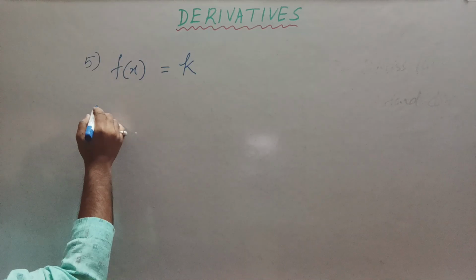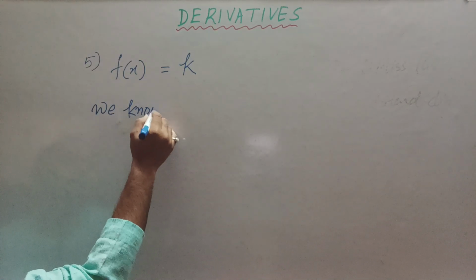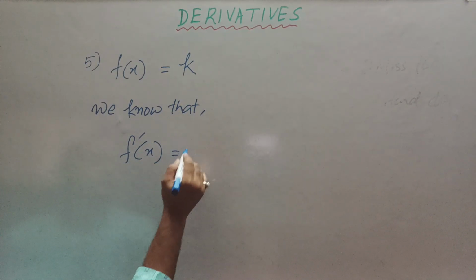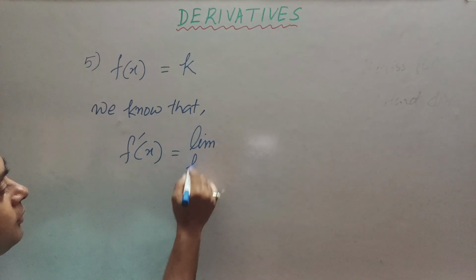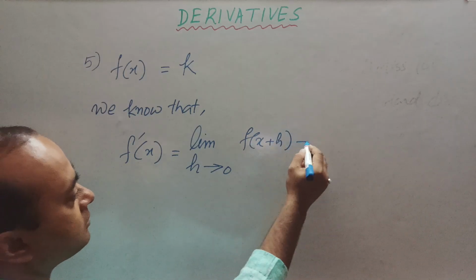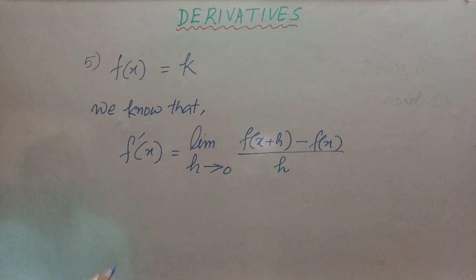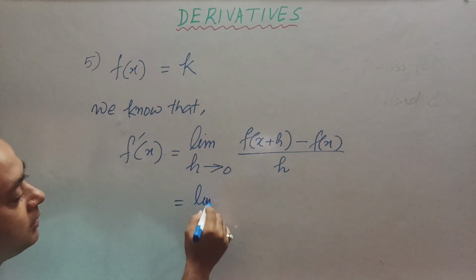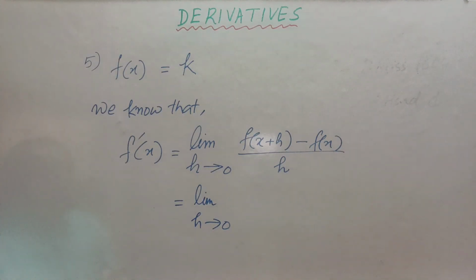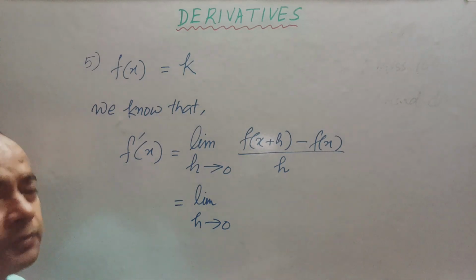If we try to find f dash x, as usual we know that f dash x is equal to the limit of h tending to 0, f of x plus h minus f(x) upon h. Now what is the function that we are dealing with? It is a constant function. Therefore, irrespective of the input, the output is always the same, that is k.